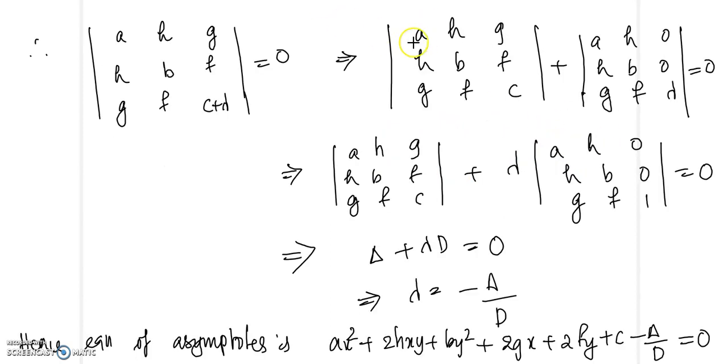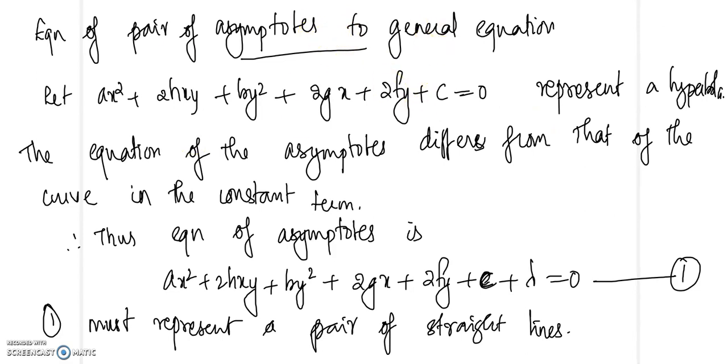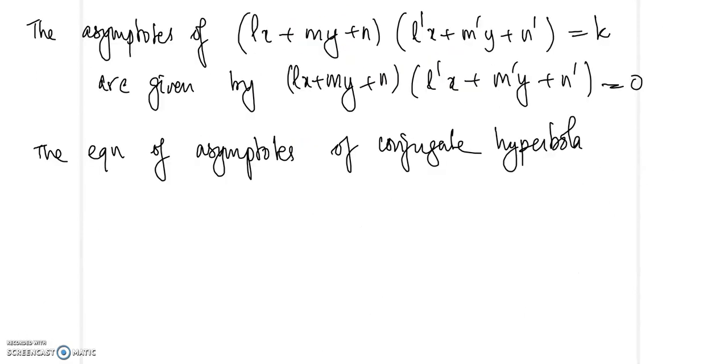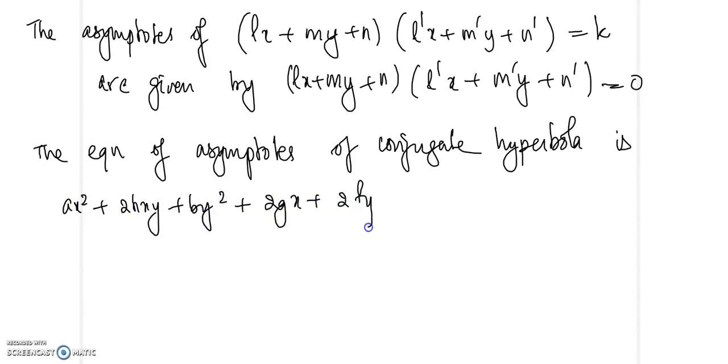Now we have seen the equation of the standard hyperbola, the general hyperbola. The asymptotes of the corresponding conjugate hyperbola will be ax square plus 2hxy plus by square plus 2gx plus 2fy plus c, so we will have minus 2 delta by ab minus h square equal to 0. So that is going to be the equation of the conjugate hyperbola to the general hyperbola.